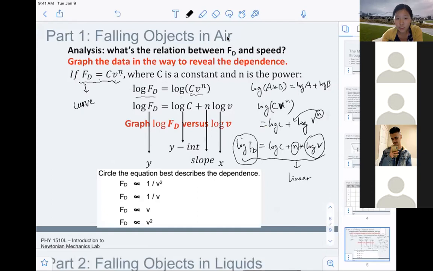So we're going to read what n is from our slope. If our slope is 1, then your drag force is linearly dependent on velocity. If n is 2, then it's proportional to v squared. If n is 3, then it's v to the power of 3. So eventually you will have to determine which of these relationships is reflected by your experiment.